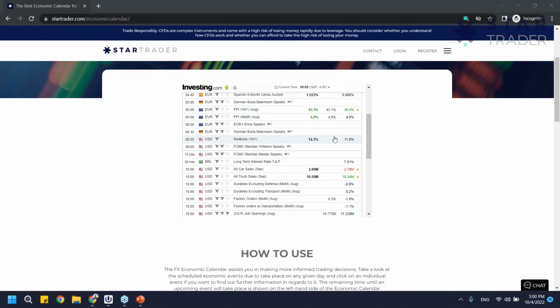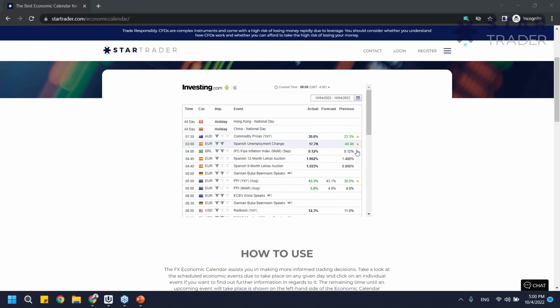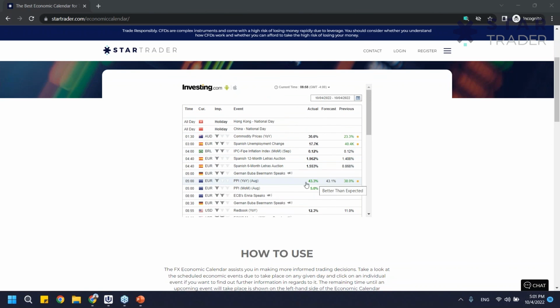And we have the forecast, which is what the experts expect these numbers will be, and the previous reading. For example, for this purchasing index, the actual was 43.3%, while the forecast was 43.1%. So we have a slight difference, 43.3% to 43.1% as forecast.